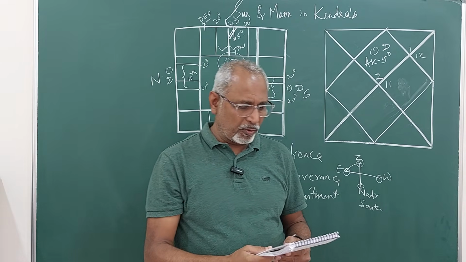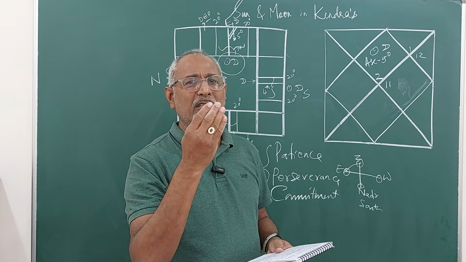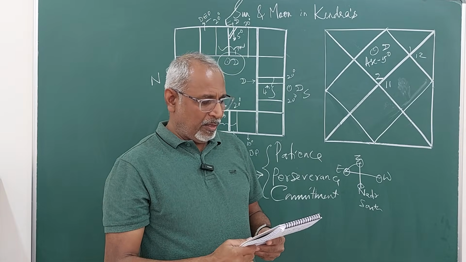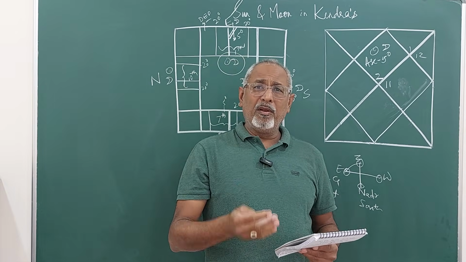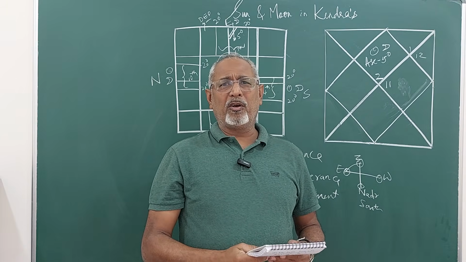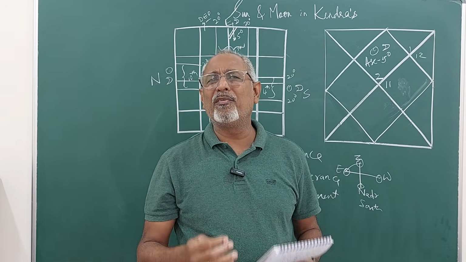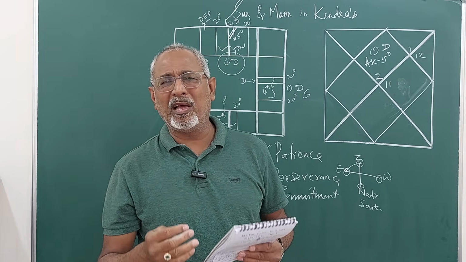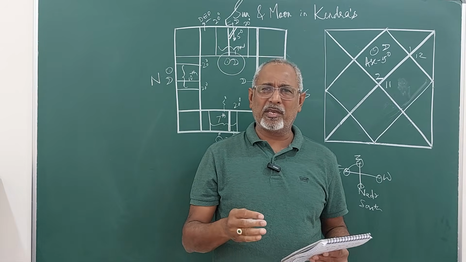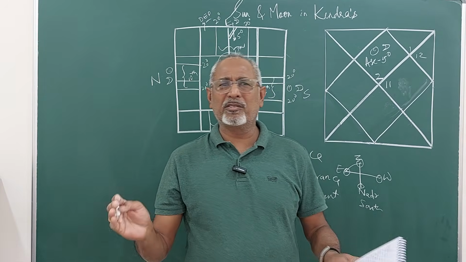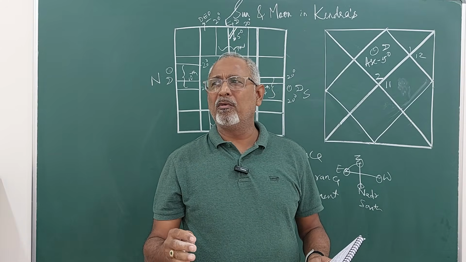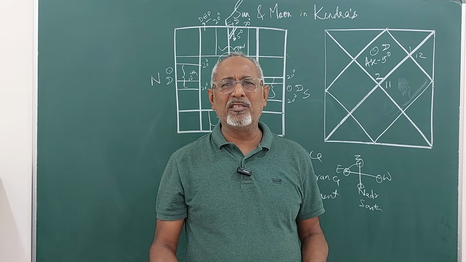So going to the fourth house, that is the second Kendra. People with this particular placement of Moon and Sun, if they are strong, will make a lot of property, will have very good placement in the society, and will be excellent in agriculture and all those things.